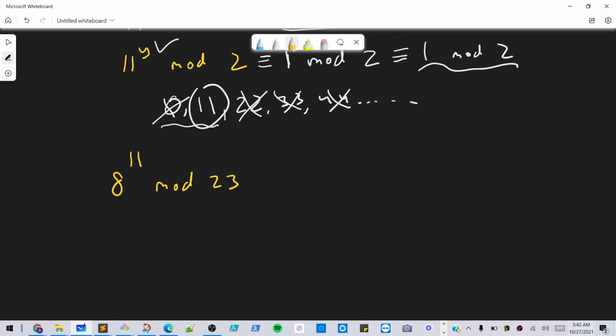Now, this part can be pretty manual, just crunching the numbers, but we still have another trick we can do. At first it looks like you can't do anything else with it because, like we said before, the totient of 23 is 22, but our exponent 11 is below that, so we can't reduce it anymore. But what we can do is notice this little trick.